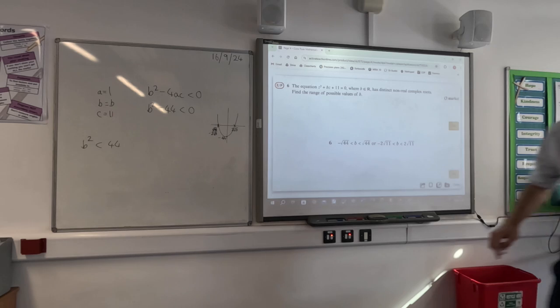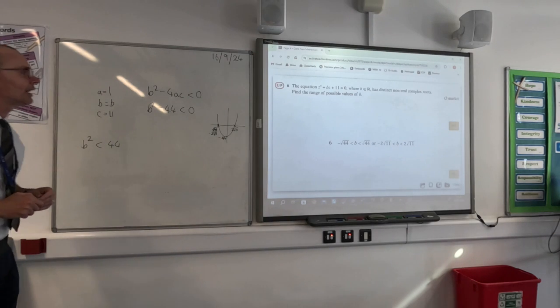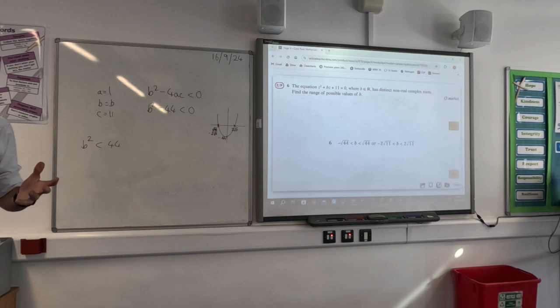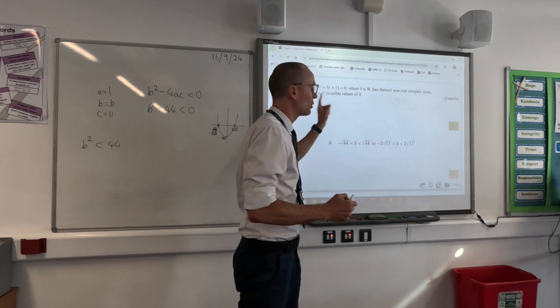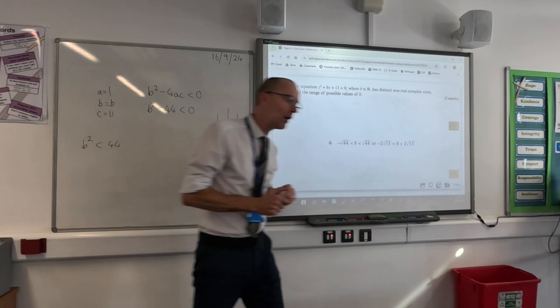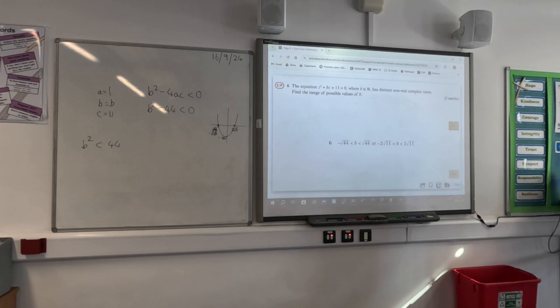Complex numbers, imaginary numbers, are a little bit like buses. They come along in pairs, don't they? So it is impossible, when you have a quadratic equation, to have one solution which is real and one solution which is imaginary. If it's going to have complex number, imaginary solutions, imaginary roots, there's going to be a pair. And more than that, it's going to be a plus bi and a minus bi.